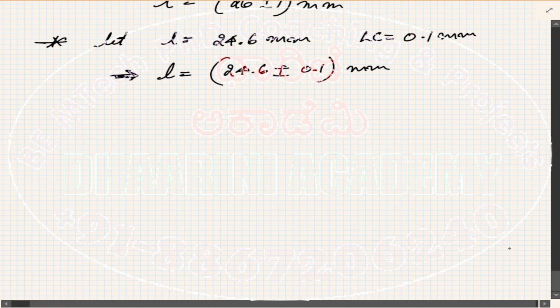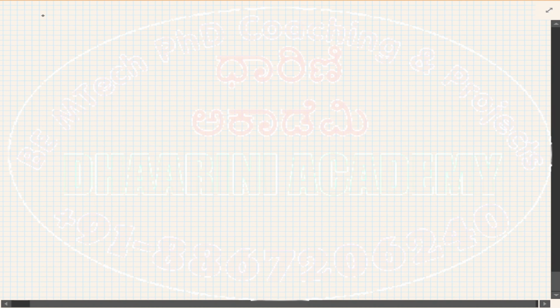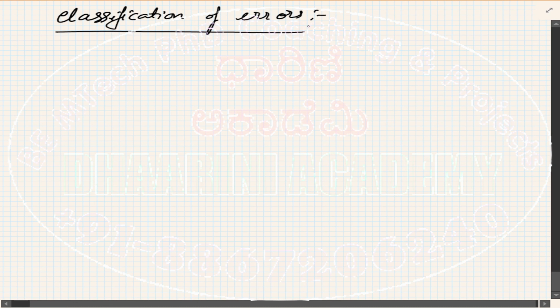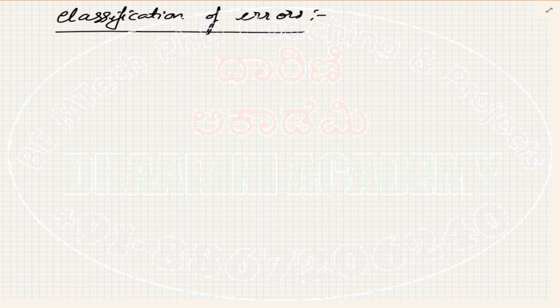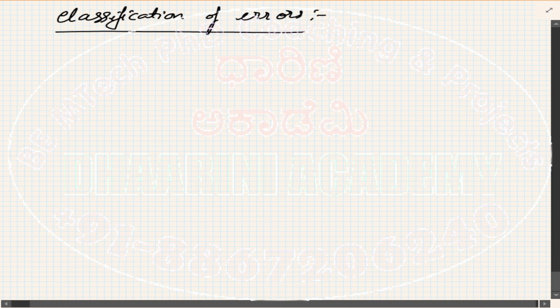Now we understood that there will be error. So now we look into the types of errors, that is, the classification of errors. These errors occur because of several reasons.